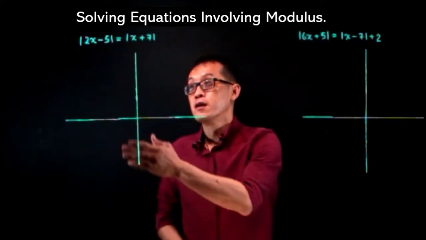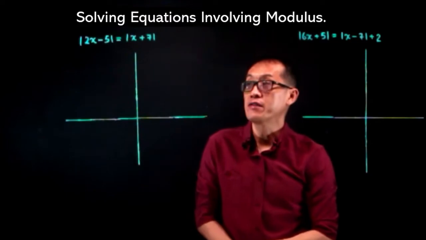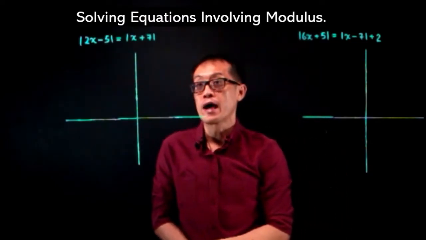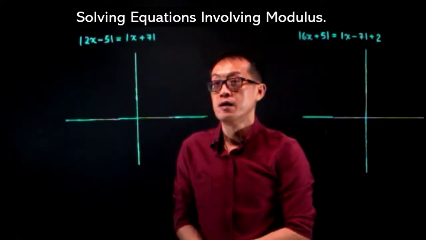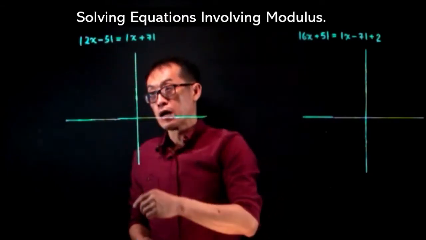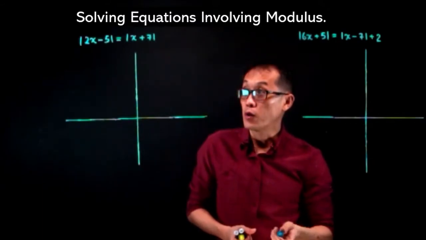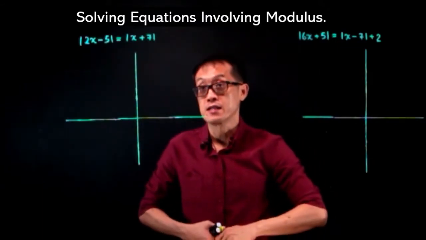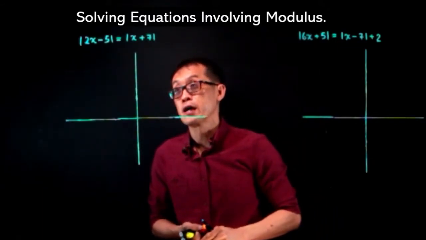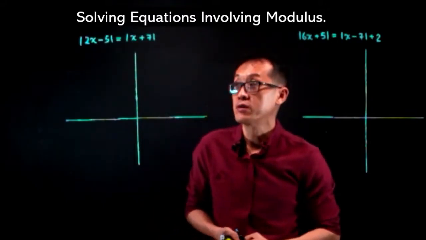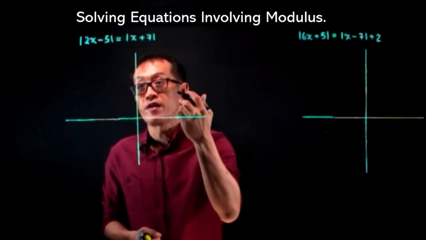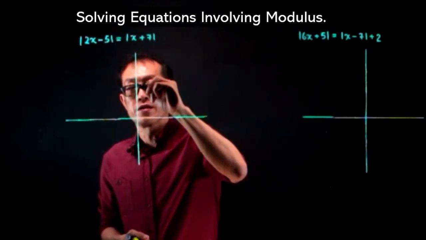Question 3: mod 2x minus 5 equals modulus x plus 7. Now let's sketch the graph of modulus 2x minus 5. Where does it cut the axis? You put x equals 0, you get mod of minus 5, which is 5. So let's say 5 is here.